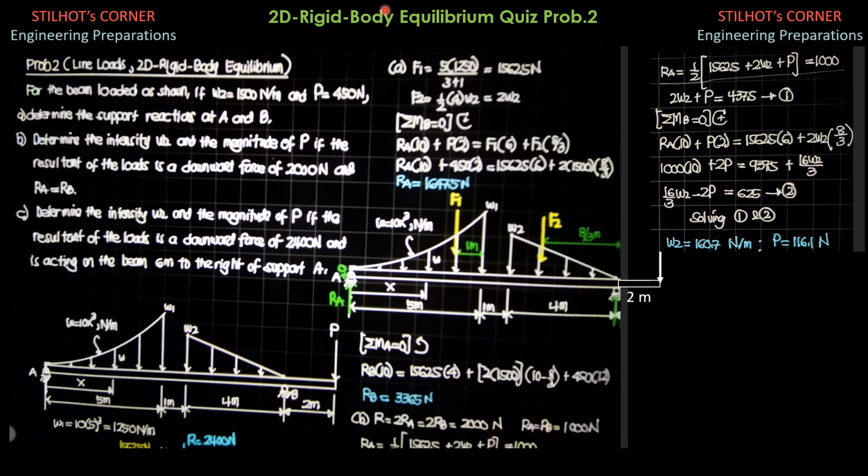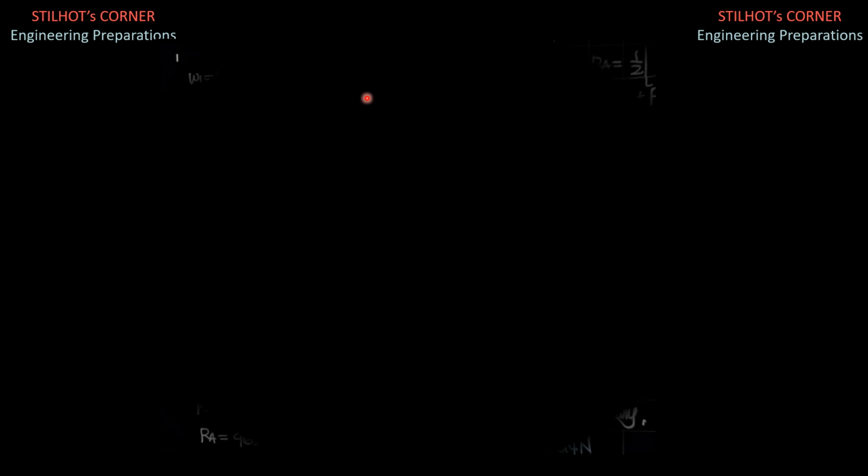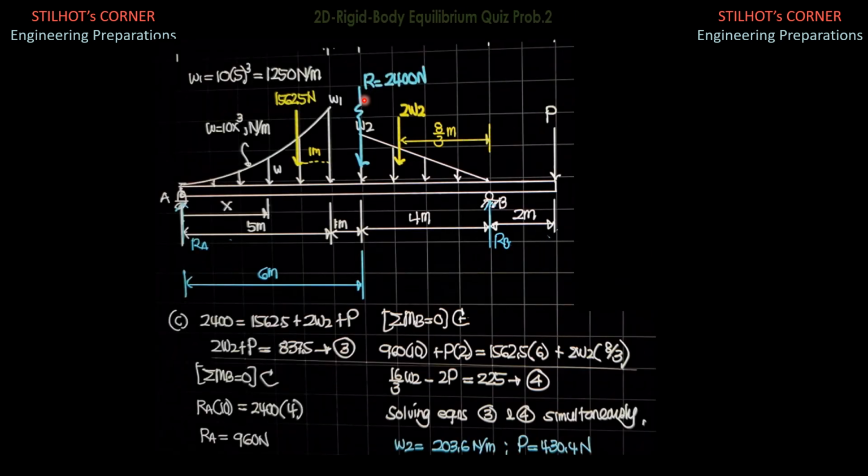So then we proceed to part C, determine the intensity W2 and the magnitude of P if the resultant of the loads is a downward force of 2400 newtons and is acting on the beam 6 meters to the right of support A. So we'll have that on the next slide. So for part C, this is still 1562.5 newtons.